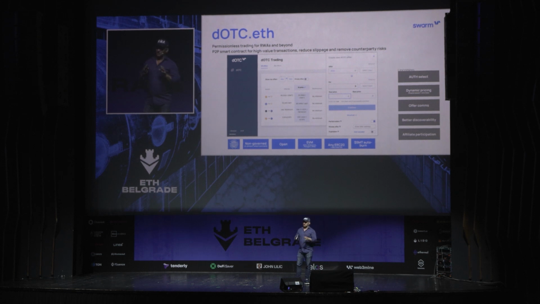But when you're trading RWAs, you need a couple more things to make that feasible at a professional or institutional level. One of them is what we call auth select. When we built the permission layer for Swarm, we built a way to put NFTs into your wallet that say, I have the following qualification levels. It's a soul-bound NFT that, once you've qualified for something, we put into your wallet, and that allows you to interact with our smart contracts and perform those transactions.